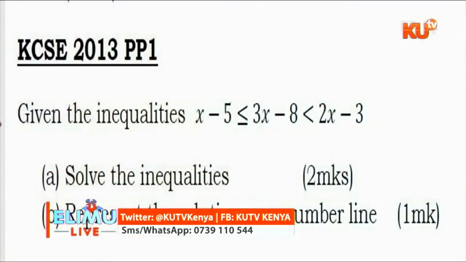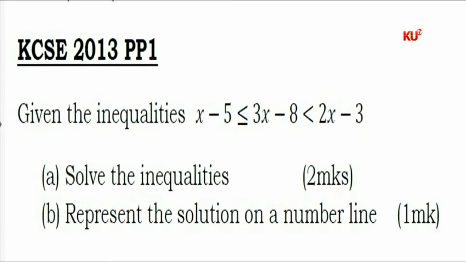In 2013, students were asked, given the inequality x − 5 ≤ 3x − 8 < 2x − 3, to solve the inequalities, then represent them on the number line.